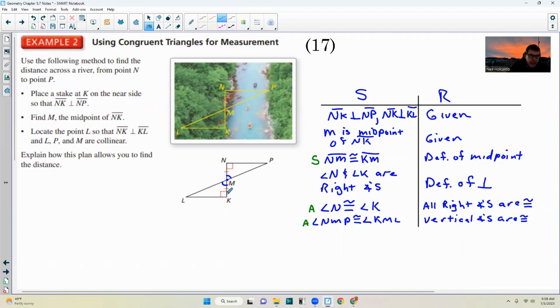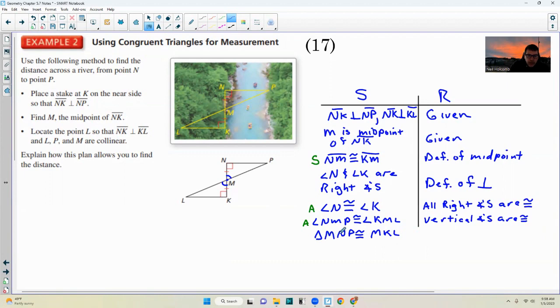And so I have an angle, I have a side, I have an angle, and the side is in between the angles. So now I can say triangle MNP. I don't care what I call the first triangle, but now I have to go in the right order. So I want to say M first. And N is congruent to K. So since N was second, K has to be second. And therefore L is last.